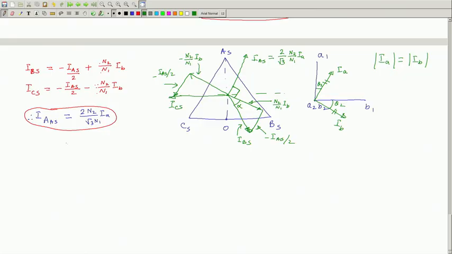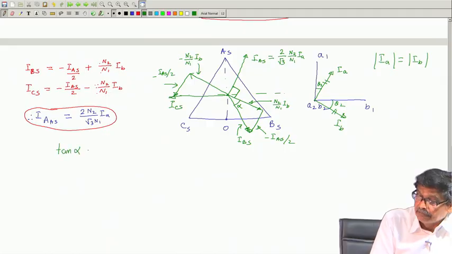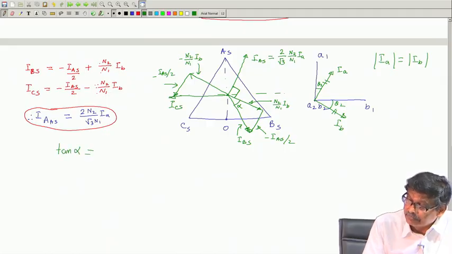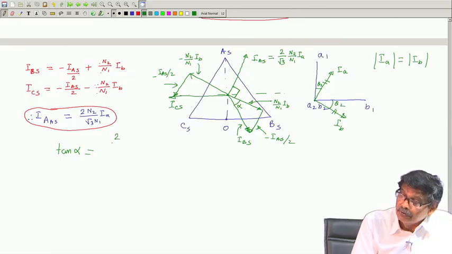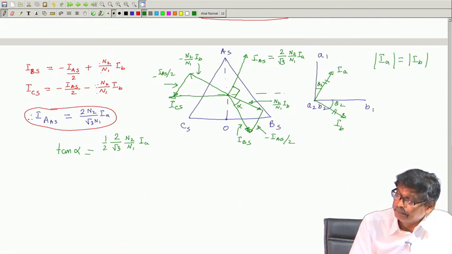You calculate tan alpha from this right angle triangle, tan alpha is equal to length of this. What is the length of this? IAS by 2. So, it will be 2 by root 3 into N 2 by N 1 into IA by 2, half.